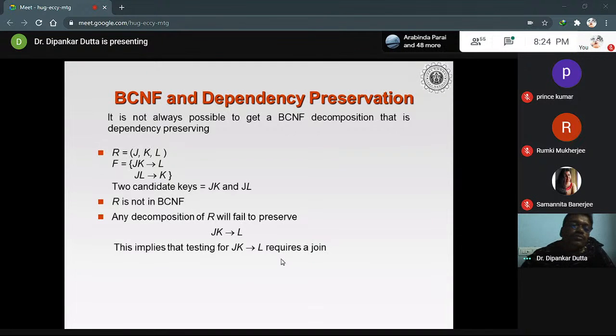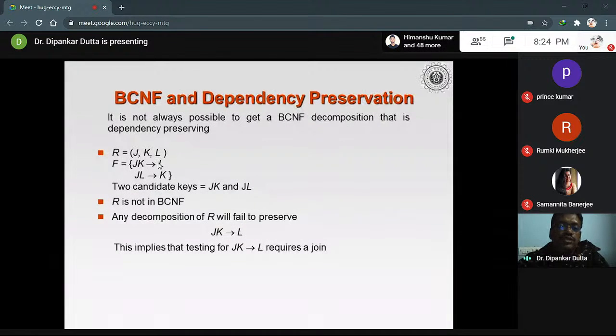Suppose a relation is like this, R equals JKL. Now, JK determines L and JL determines K. So two candidate keys are there, JK and JL. So it is not in BCNF.